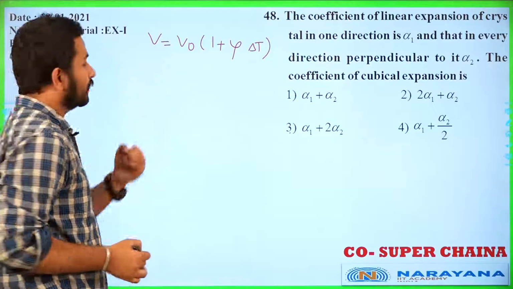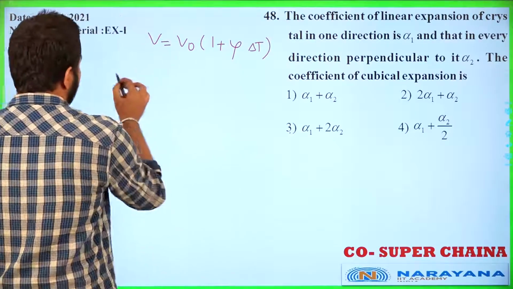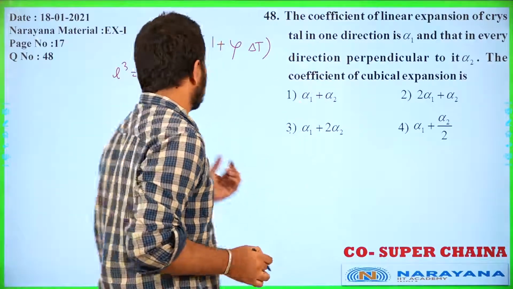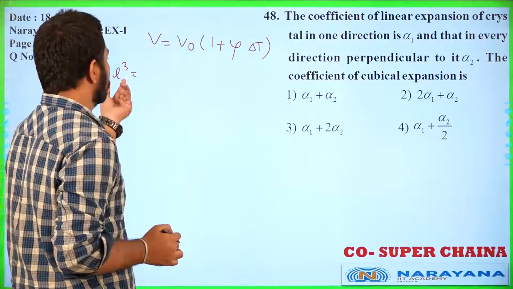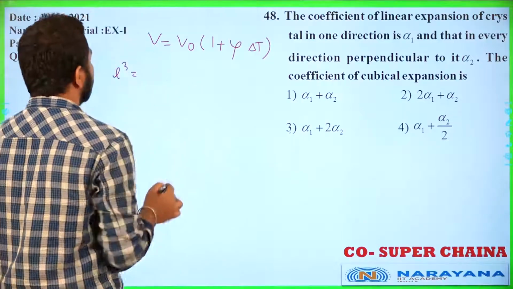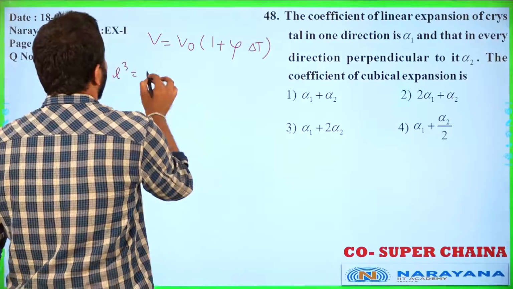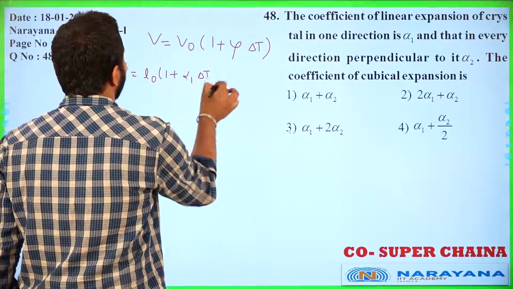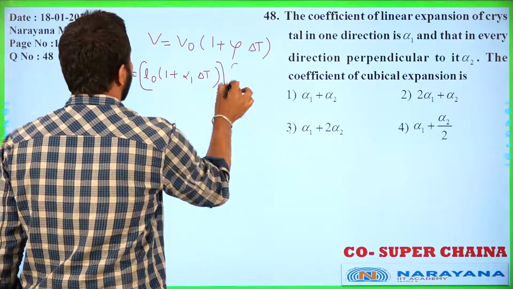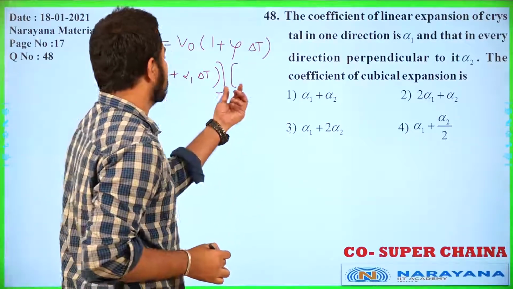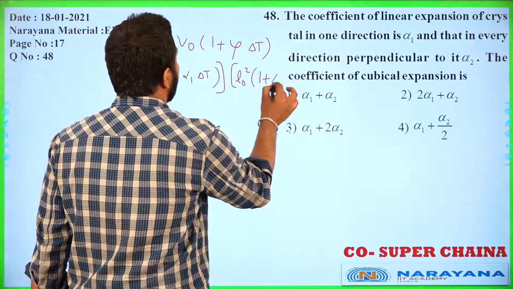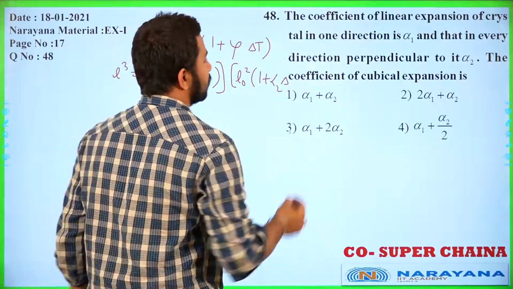We can write this as L cube because it is a crystal. L cube will be equal to L naught (1 plus alpha delta T). This is for my length, and for the area it will be L naught square (1 plus alpha 2 delta T).